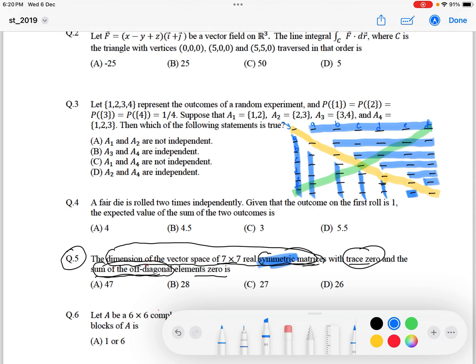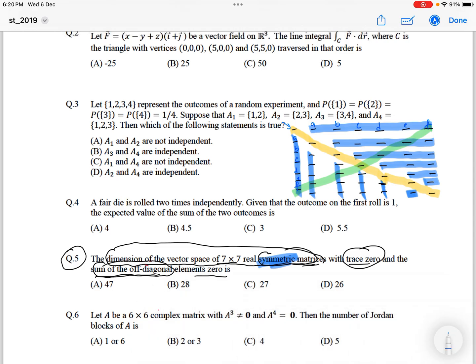The main point is that we need only the upper part, and if we know the upper part, then we have the info about the lower part. So this upper part will help the matrix to form. The lower part is known when the upper part is known.